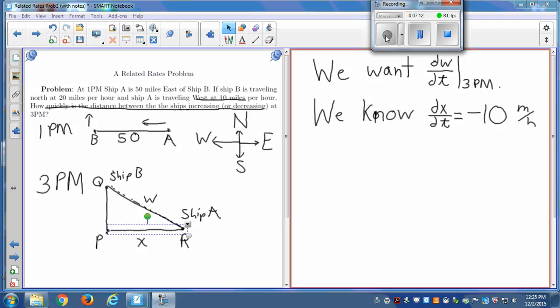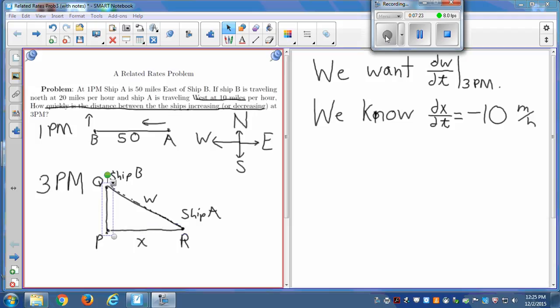So we know how x is changing. We also know another quantity in this problem, which is this line between Q and P. And we'll call the length of that line y.